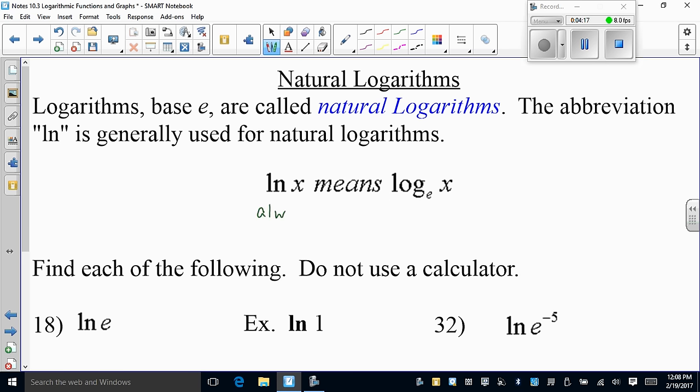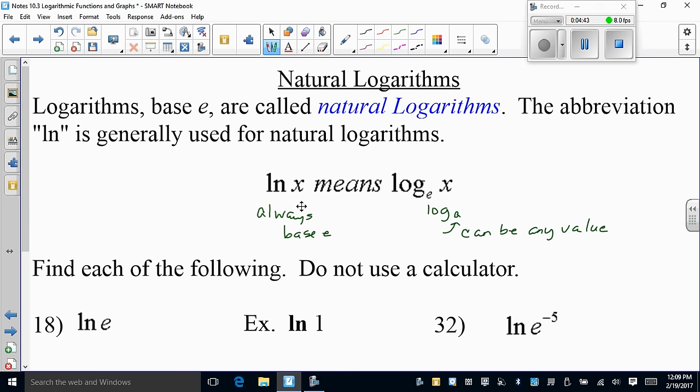This one, logs, the base can be any value. And hence, that's why it is called common log, because I can change this base to fit whatever purpose I'm using. This one is very much used in the scientific world, always base e.